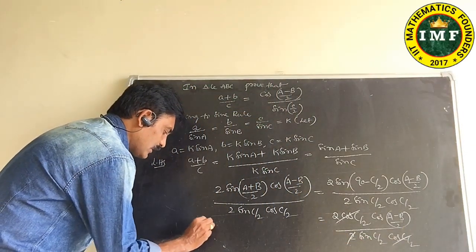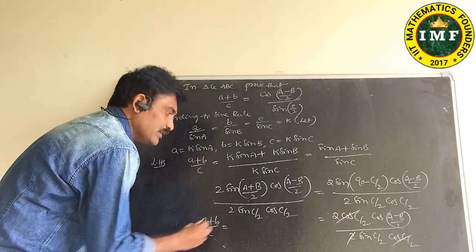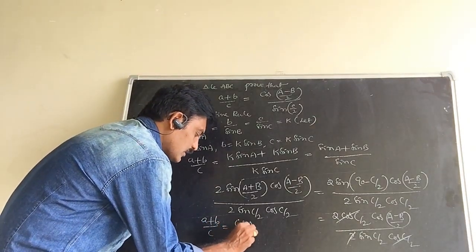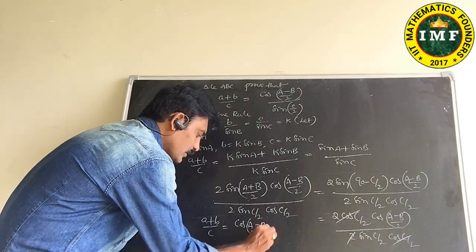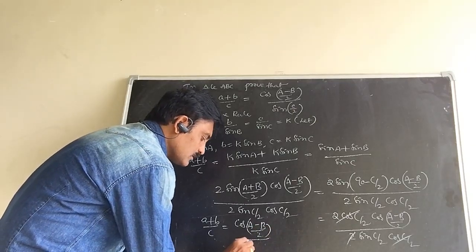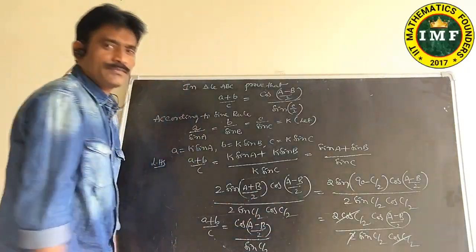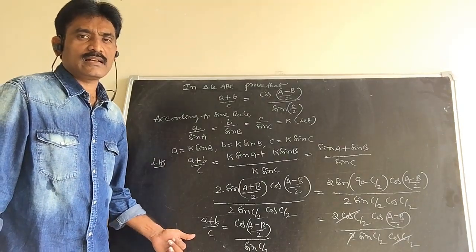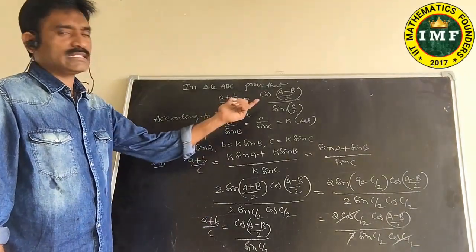Finally, we can get (a plus b) by c is equal to cos (a minus b) by 2 divided by sin c by 2. So this is the solution for this problem.